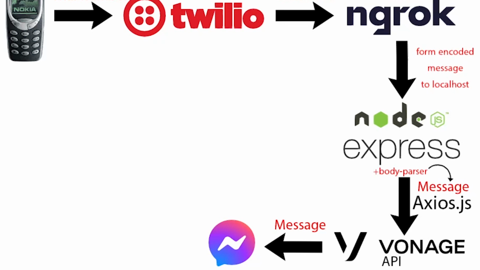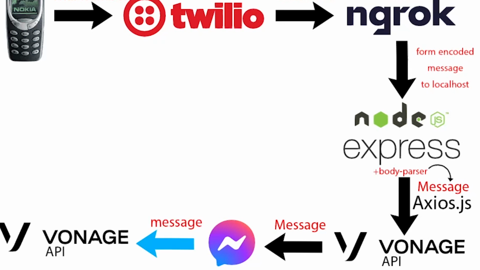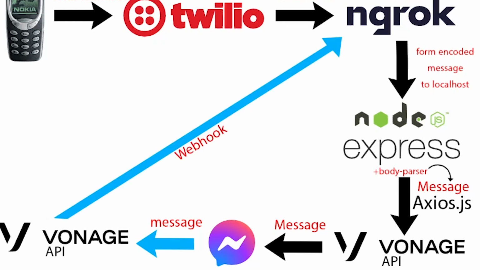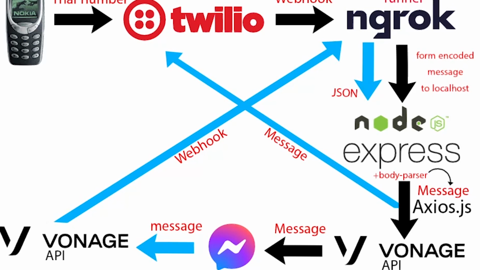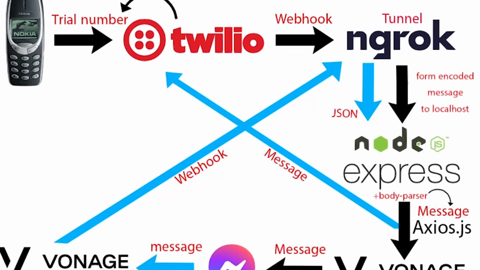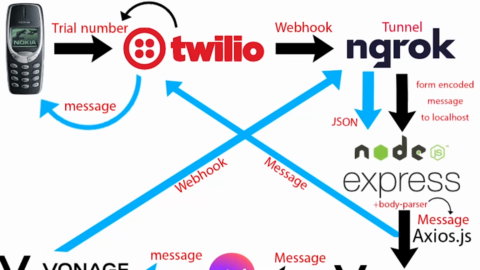When the other person responds to our message, that will notify Vonage API to send another request through a webhook to our ngrok tunnel again. The ngrok tunnel will pass the request again to our Node and Express server, which then makes a request to Twilio, and Twilio will send the message to our Nokia phone.